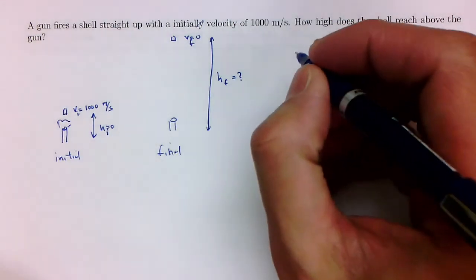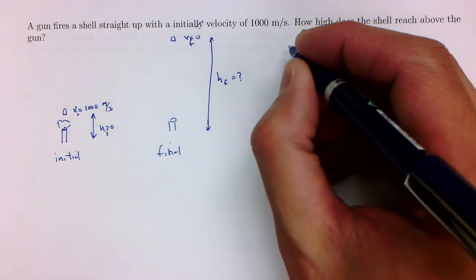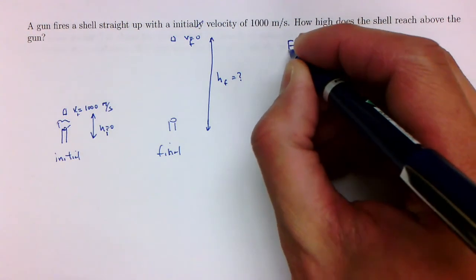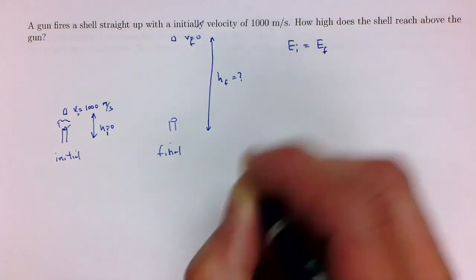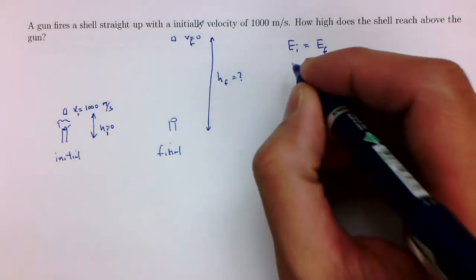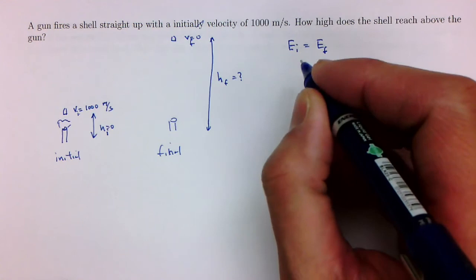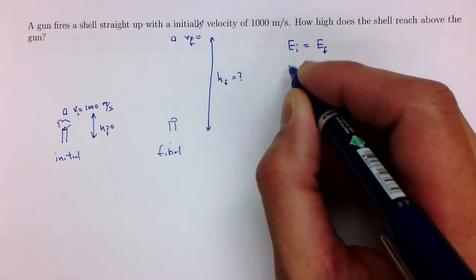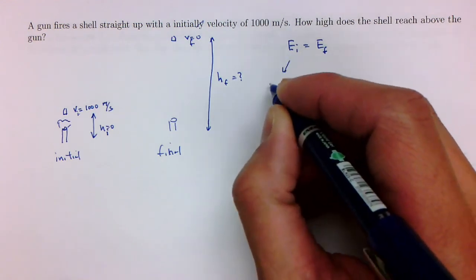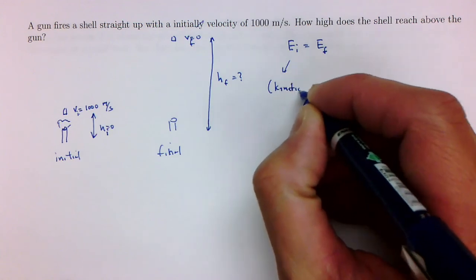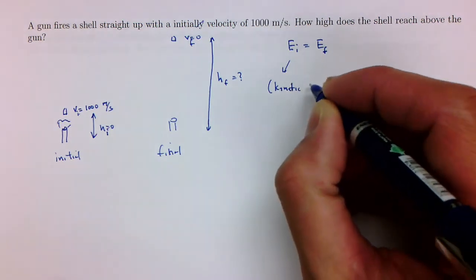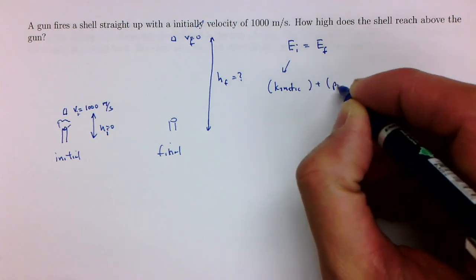So remember, conservation of energy really means that the initial energy is equal to the final energy. And the initial energy is composed of two parts. It's the kinetic energy, plus the potential energy.